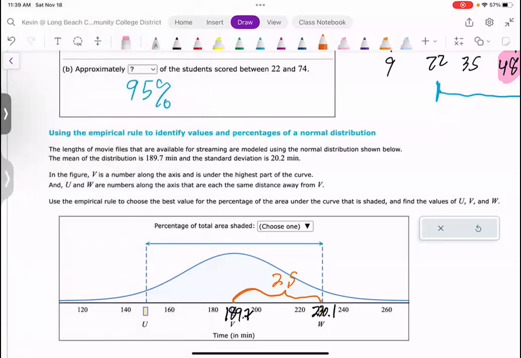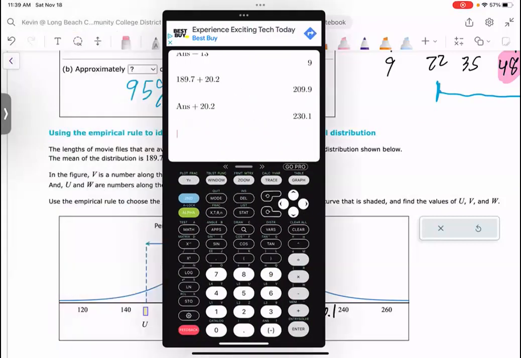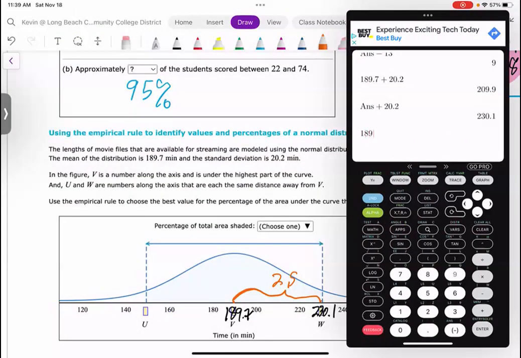Let's go down. Let's start at the mean, 189.7 minus 20.2. 169.5 is not between 140 and 160. So I'm going to subtract another standard deviation. Now we're here, 149.3.